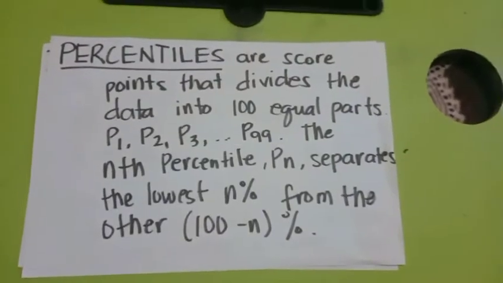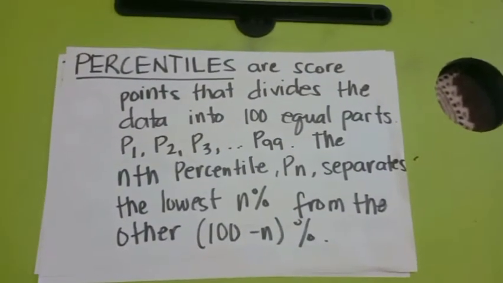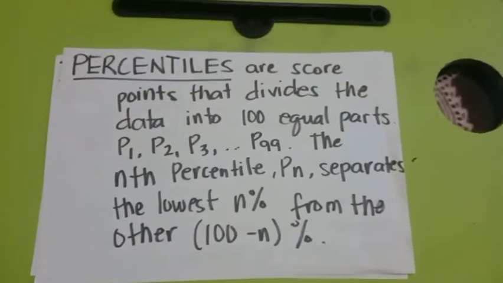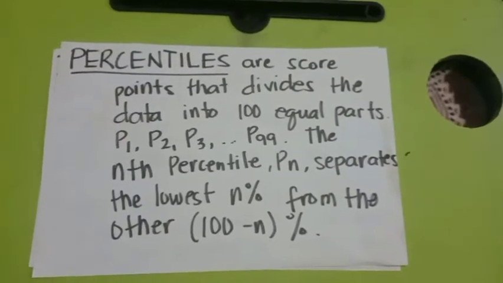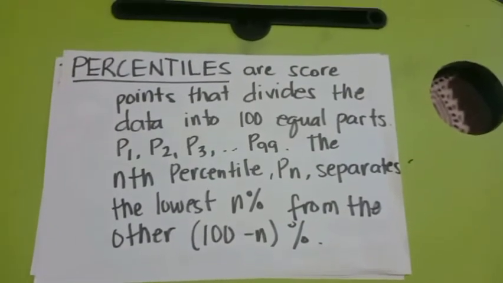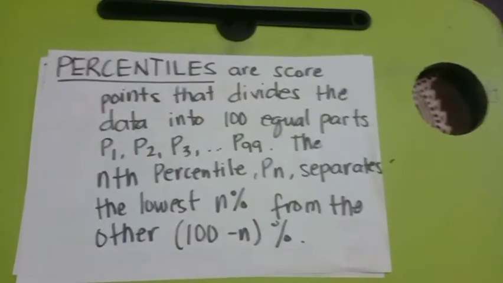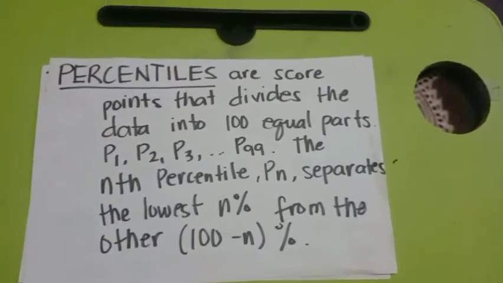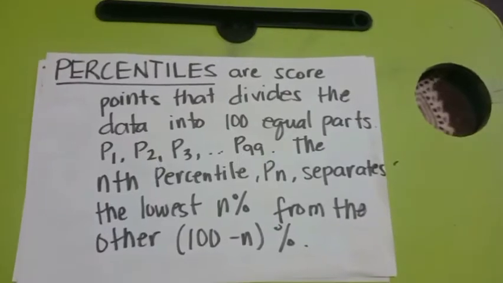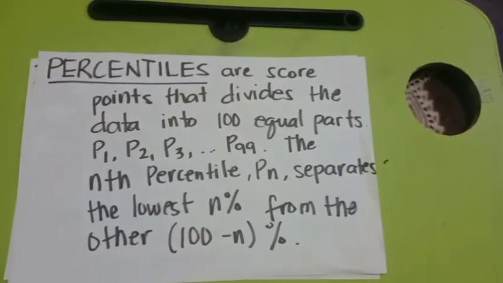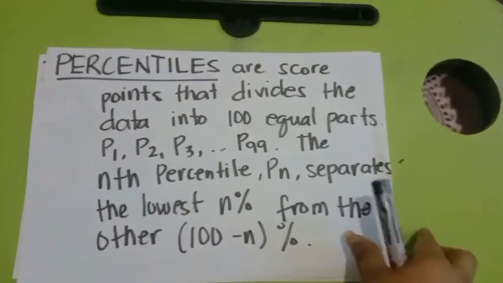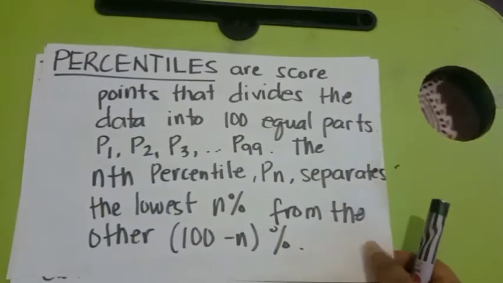Percentiles are score points that divide the data into 100 equal parts. Ginagamit nating notation is P1, P2, P3 up to P99. The nth percentile, Pn, separates the lowest n percent from the other 100 minus n percent.